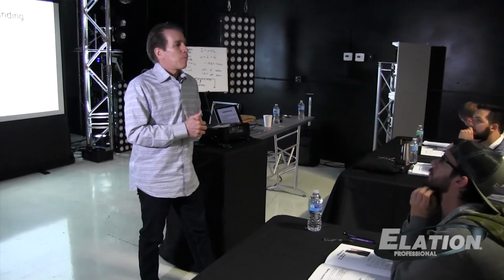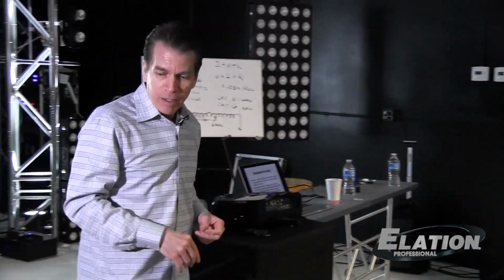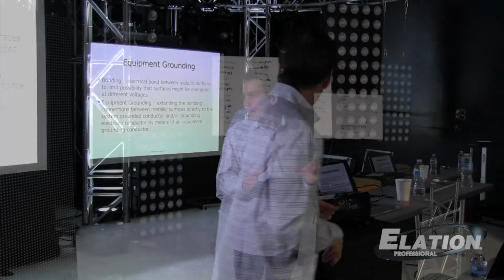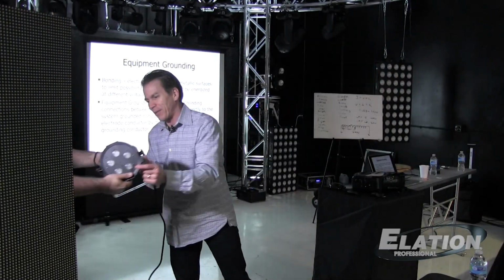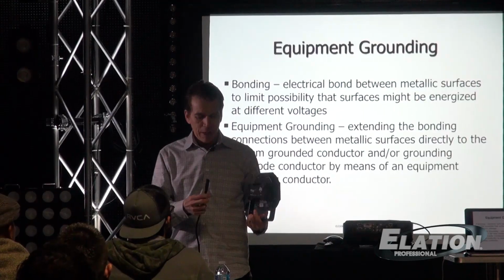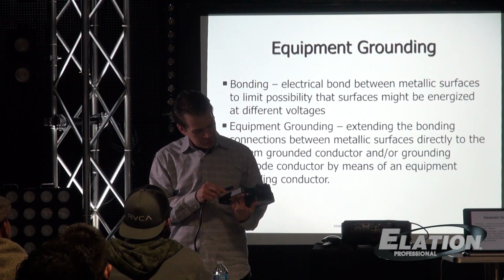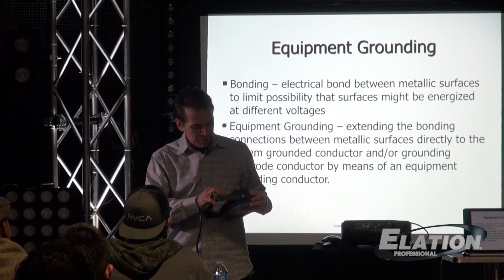So the point is that if you have a light with a clamp, let me see if I have an example here. Perfect. Thank you. All right. So here's my fixture, and here's the power cable, and this power cable connects to it right here. So I plug it in.